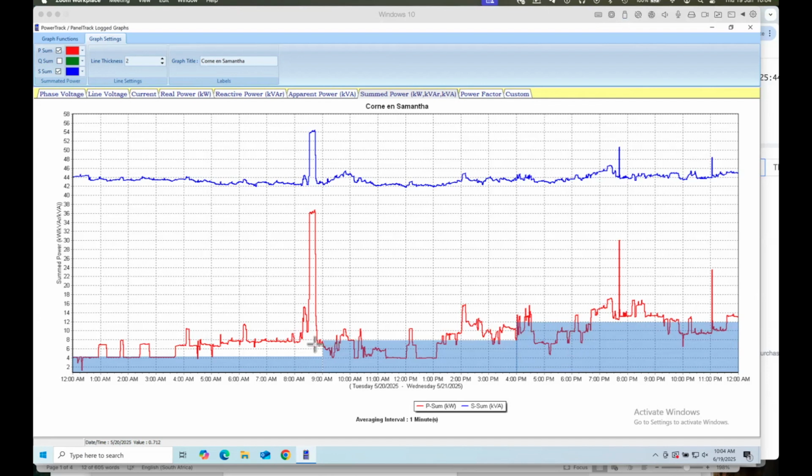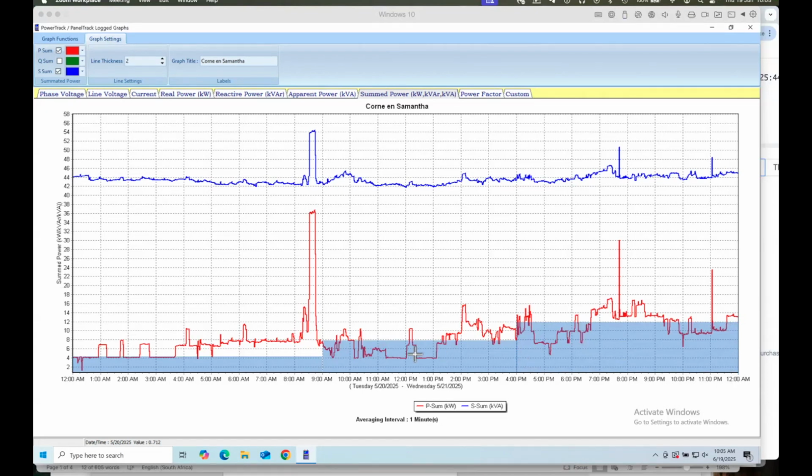So what we are measuring over here is 6 kilowatts in the middle of the day until 4 o'clock, and then 12 kilowatts from 4 o'clock to 12 o'clock at night.